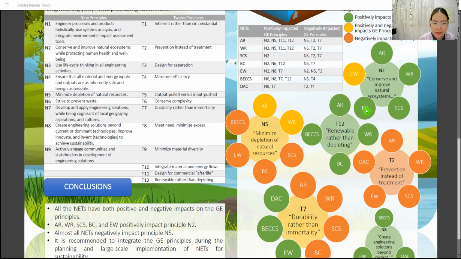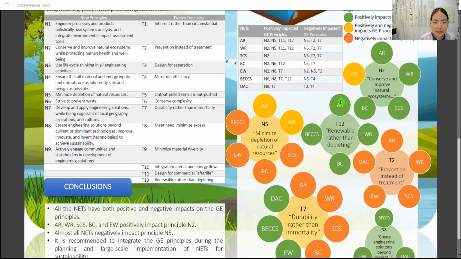Like SCS, biochar application to soil improves soil quality and biodiversity, and it also has pollution filtering capabilities. EW, or enhanced weathering, can reduce ocean acidification, thus protecting the natural ecosystem, and it can also improve soil quality when applied to the soil. However, if the rocks that will be used come from mining, then it also negatively impacts Principle N2 since mining has a poor track record in the environment and human welfare. That's why it's color yellow.